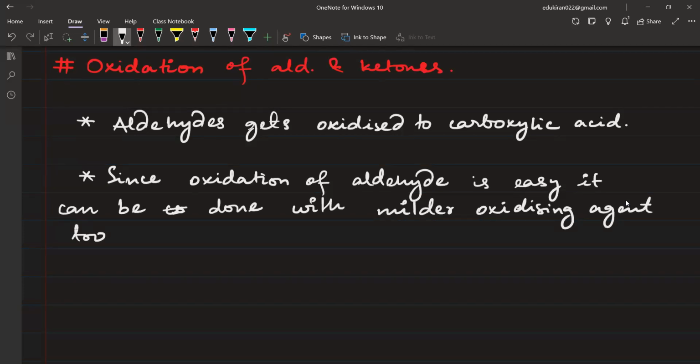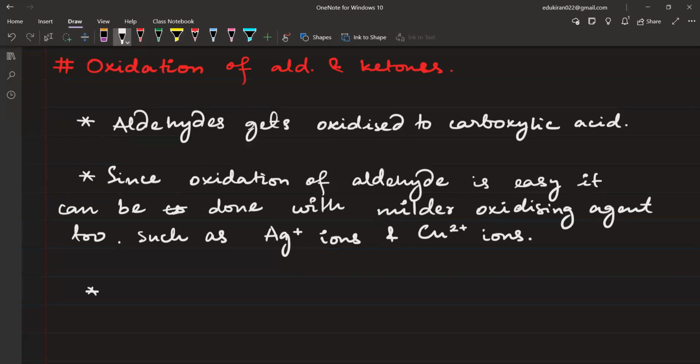So we can use very mild oxidizing agents in order to oxidize aldehydes, such as Ag plus ions, and then you will write Copper 2 plus ions.